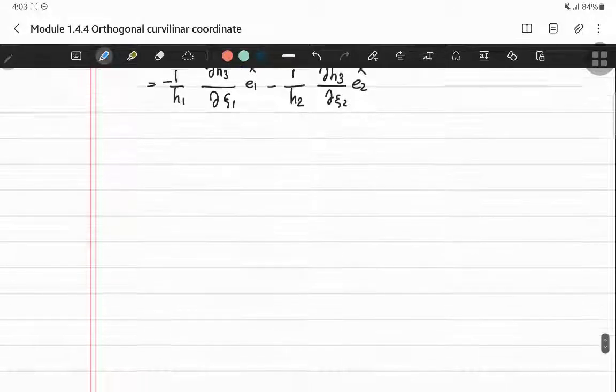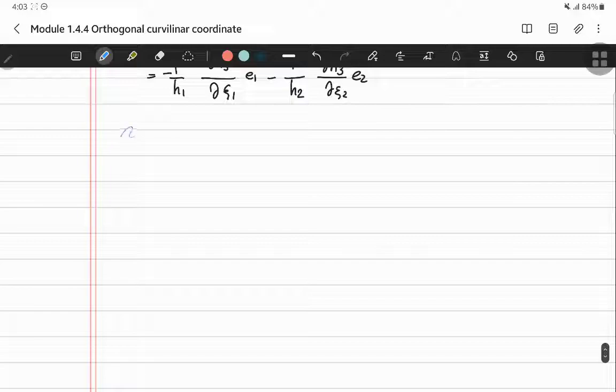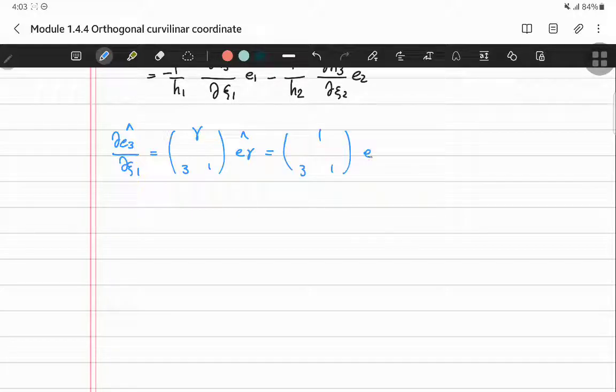Next, we have E3 with respect to Z1, which is gamma 3, 1, E gamma, is equal to Γ¹₃₁ E1 plus Γ²₃₁ E2 plus Γ³₃₁ E3.